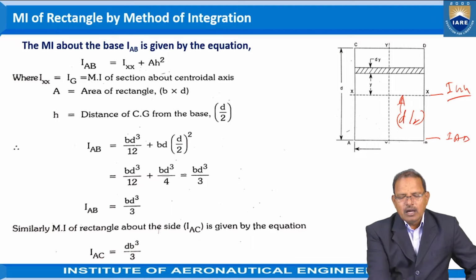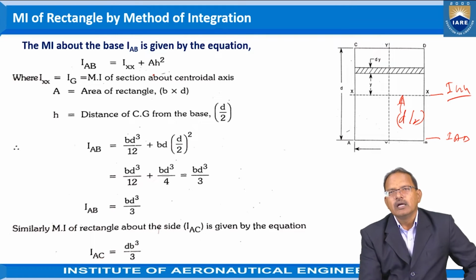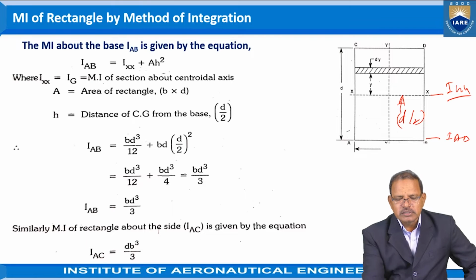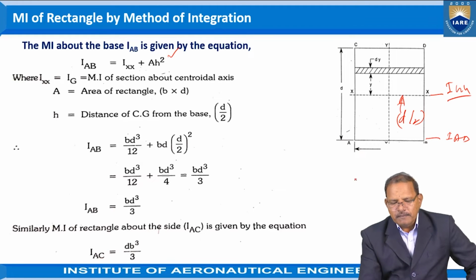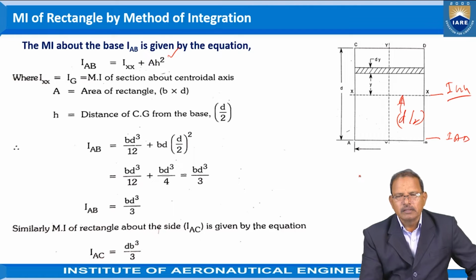That is, IAB is equal to Ixx plus area multiplied by the square of the distance, AH square, where Ixx represents the moment of inertia of that plane area about its central axis which is parallel to AB.